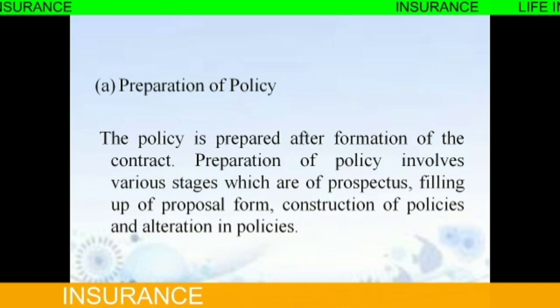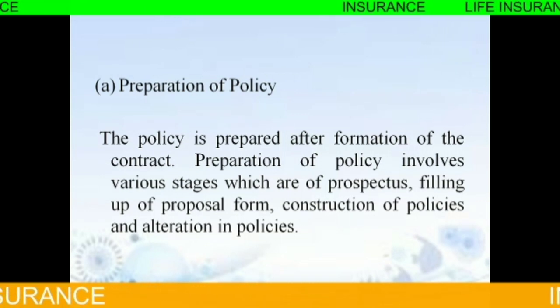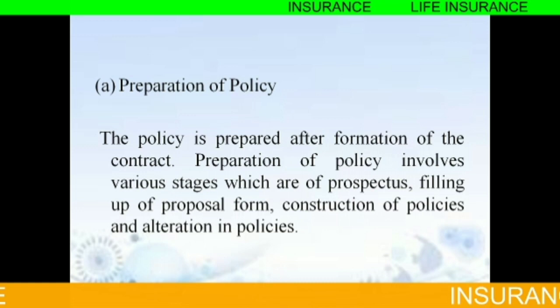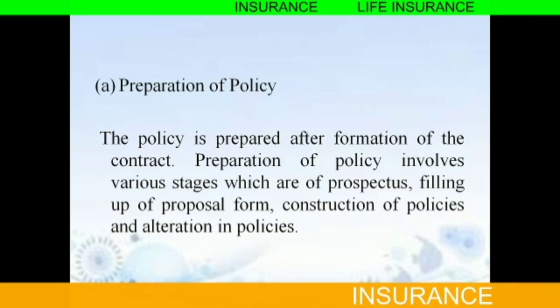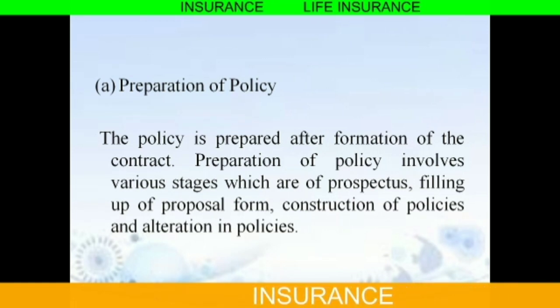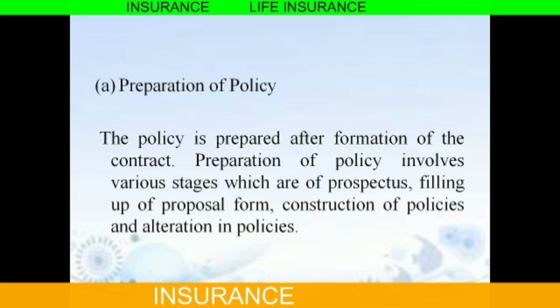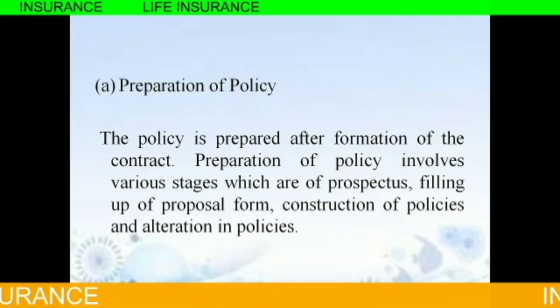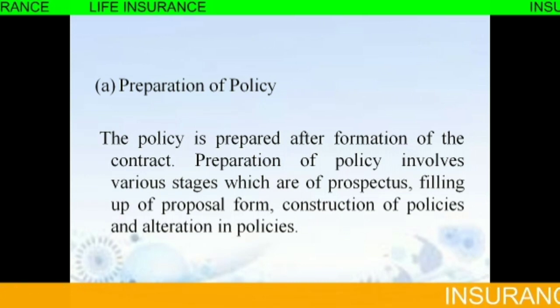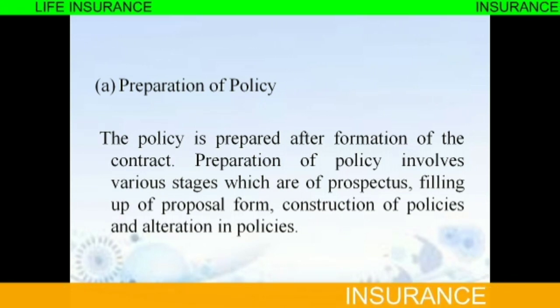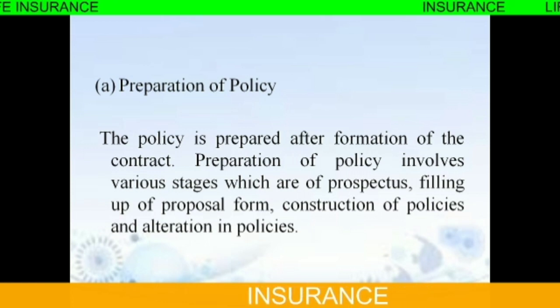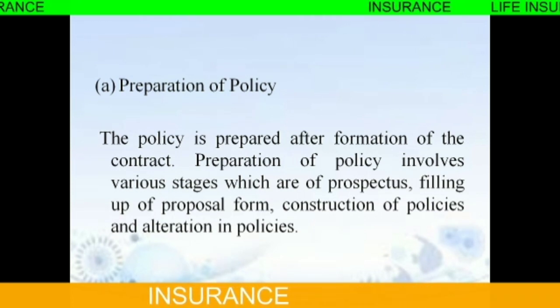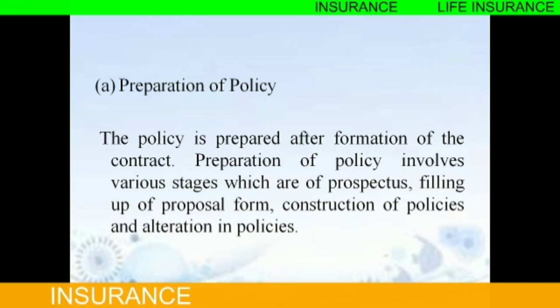In policy preparation, the policy is prepared after formation of the contract. The preparation of the policy involves various stages: prospectus, filling up of the proposal form, construction of policies and alteration of the policies.